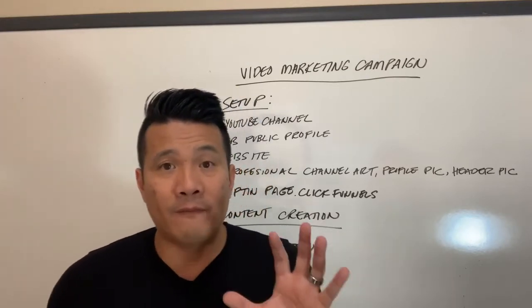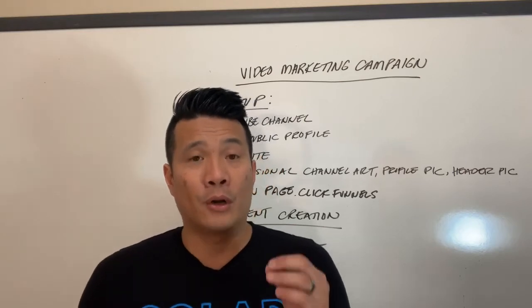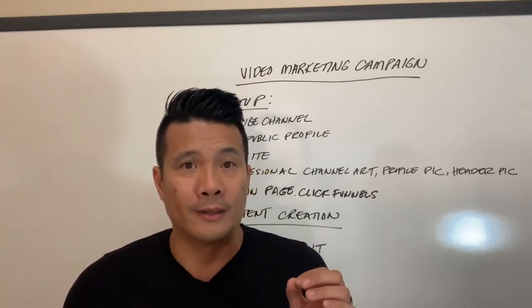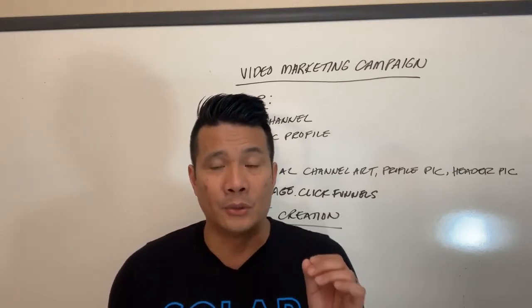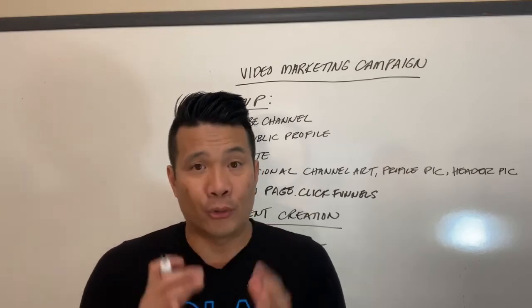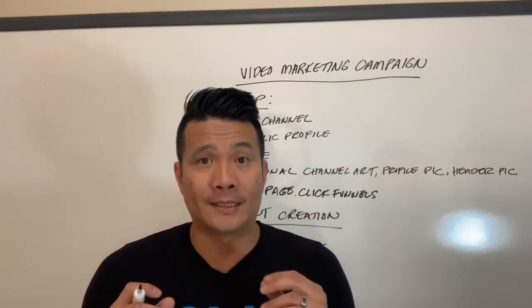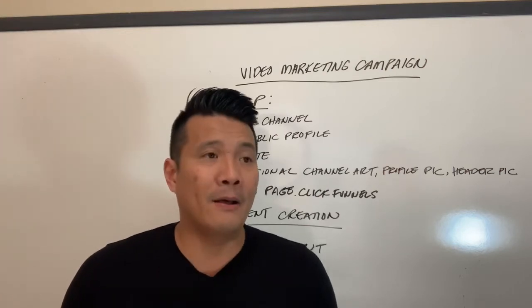So if you create videos around those topics that homeowners are already searching on Google, you're going to have the best chance to not only generate organic leads, but to get a lot of traction on your videos, right? So don't try to reinvent the wheel. Think about those questions.